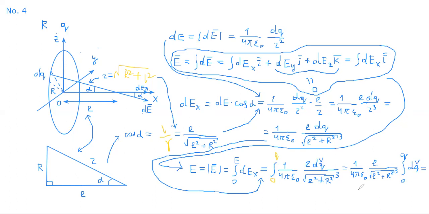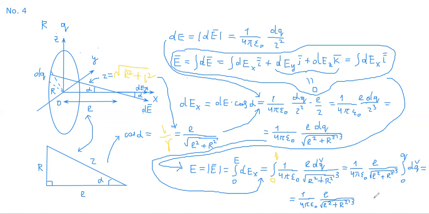So can we calculate this? It will be 1 divided by 4π epsilon 0. Here we don't have any changes. L divided by square root of L squared plus R squared to the power of 3.